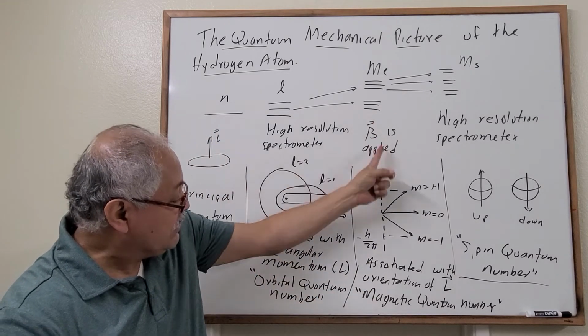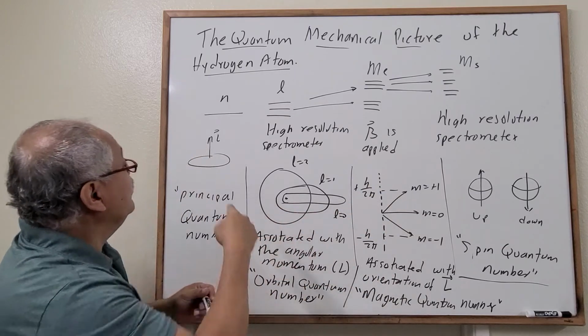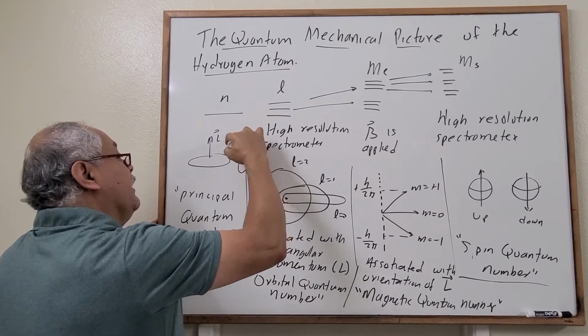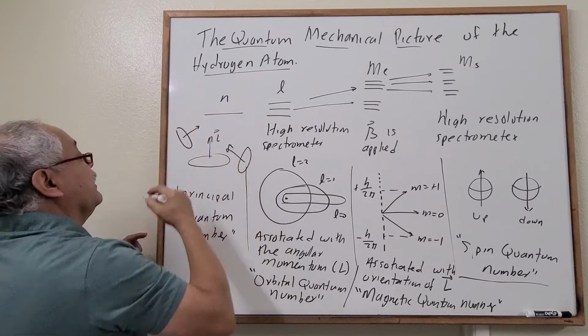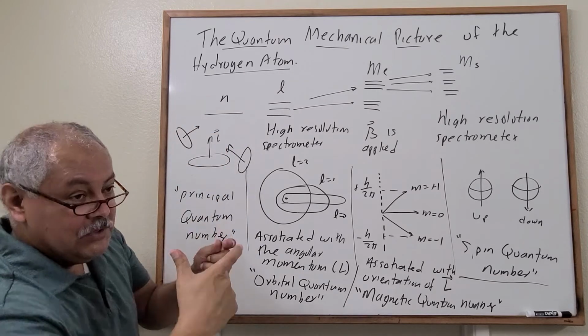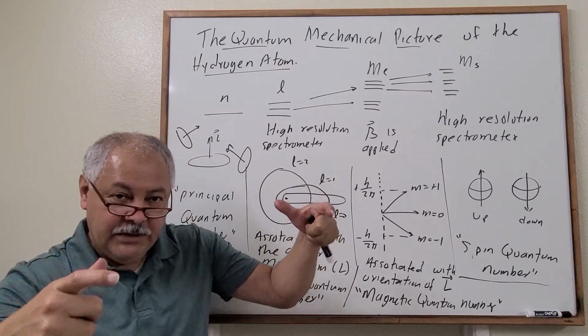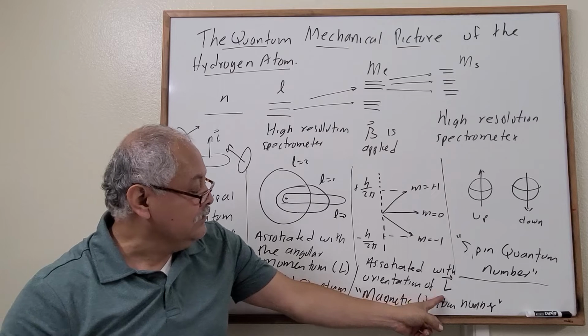This quantum number is related to the direction, the orientation. Could be in this direction, or in that direction, or rotating in that direction. So an orbit can change its orientation, and so we change the angular momentum.